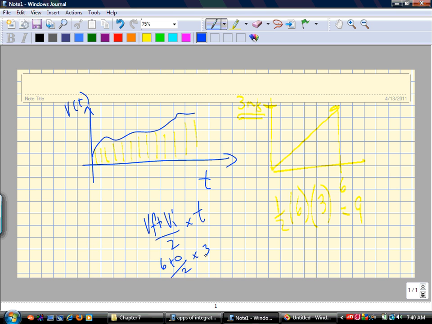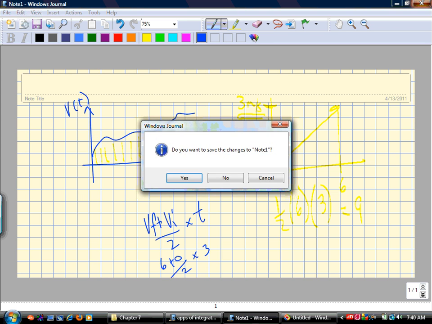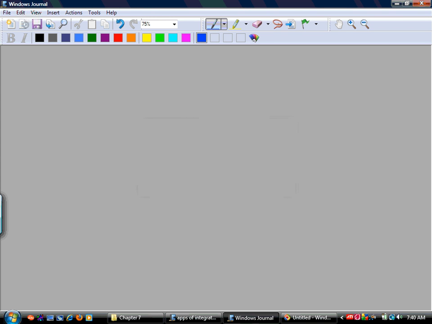Guess what you get? You get 9. So, physics people, math people, the integral of velocity is position.